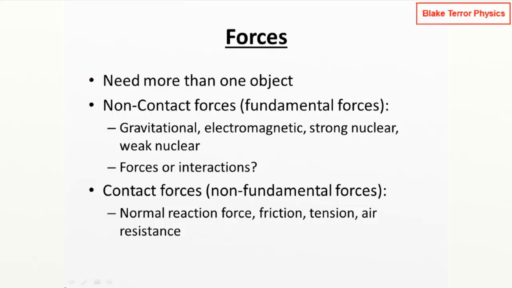So they're all in equal and opposite pairs. We have to have two objects exerting forces upon each other. That's the first thing you always need to keep in mind. You don't ever get one object with a force acting on it and nothing else around. So always keep that in mind.